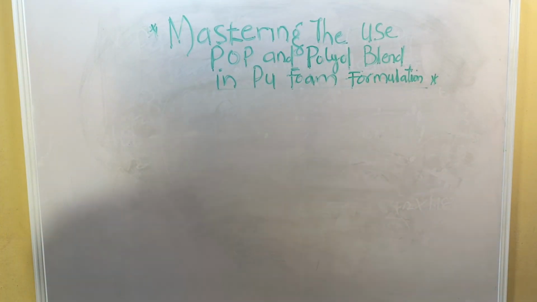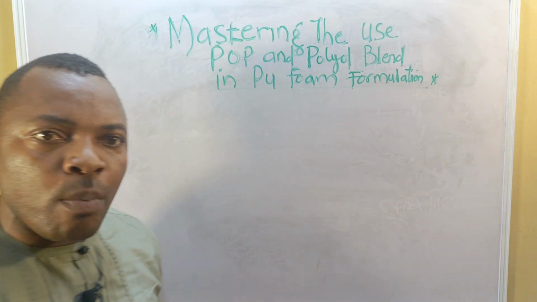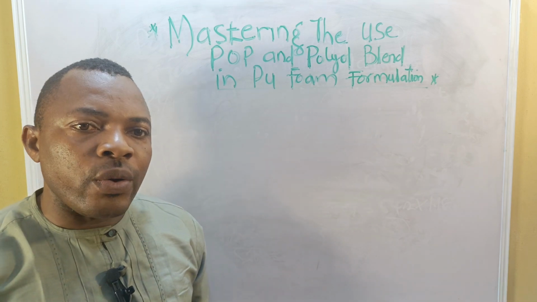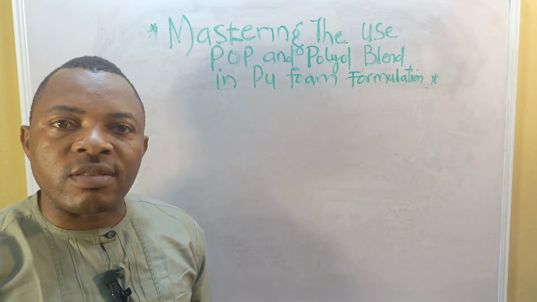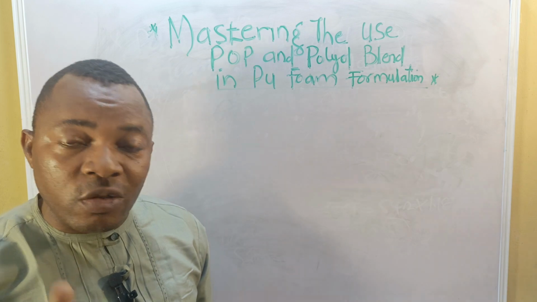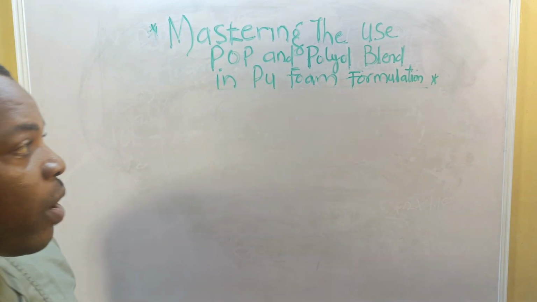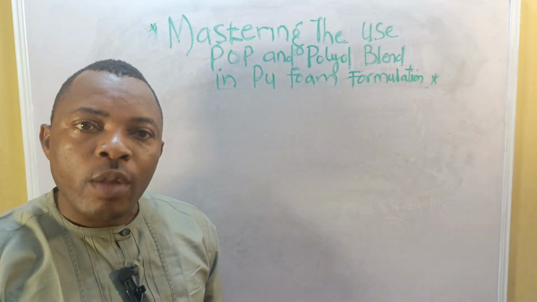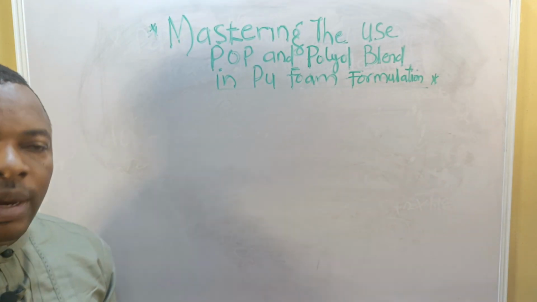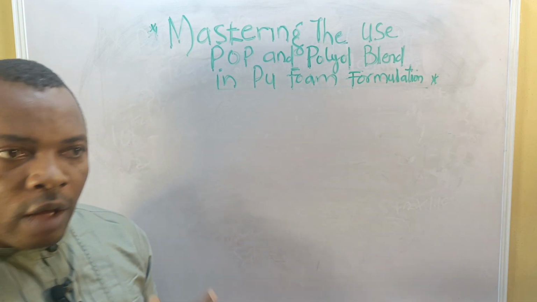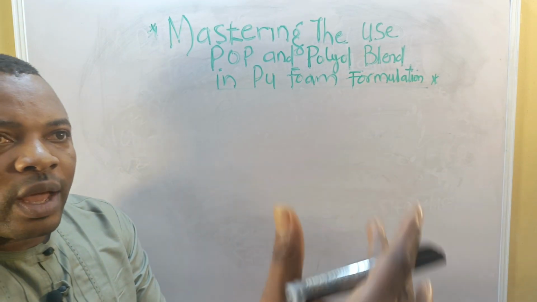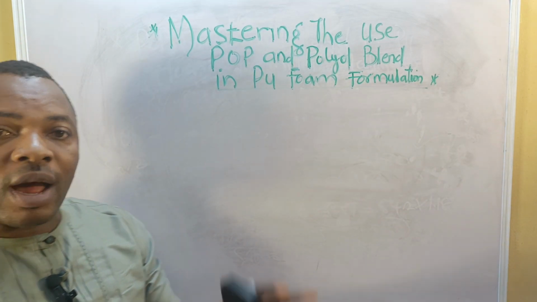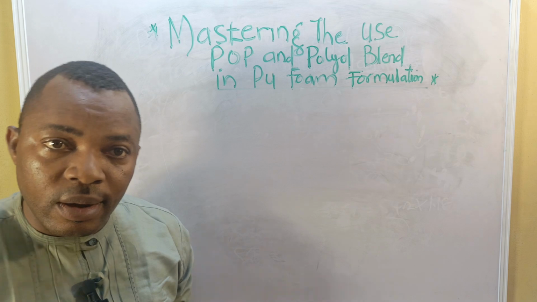For you to be the best PU formulator, you must understand the kind of polyol you are using. Irrespective of any density or product you want to produce, you must understand the kind of polyol you are going to use in that production. You can recall that in my previous lesson we had a presentation on the characterization of the raw materials used in the PU foam industry.